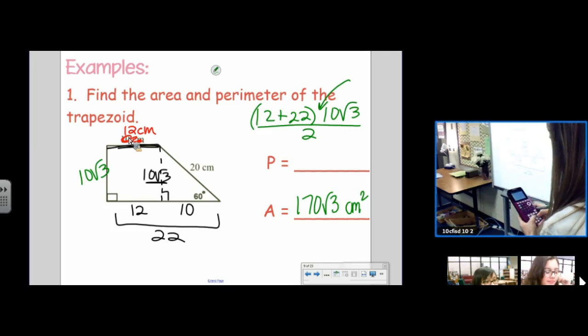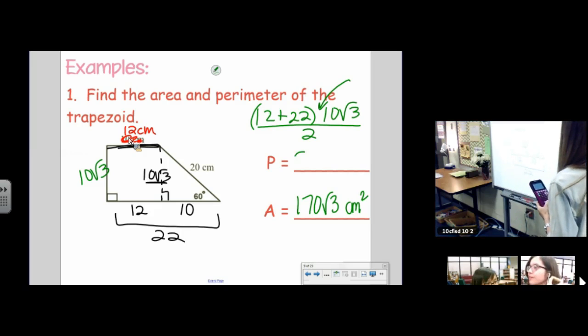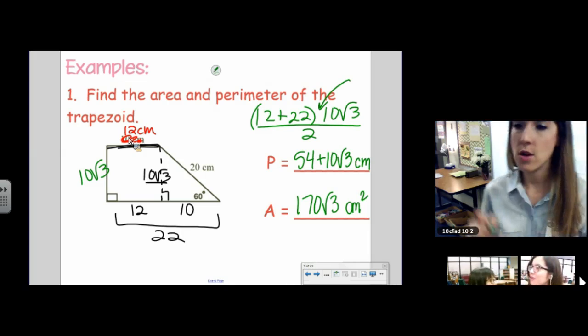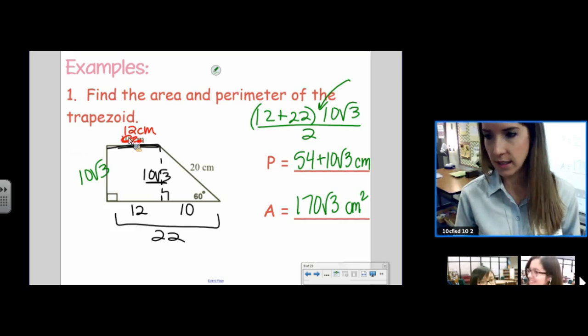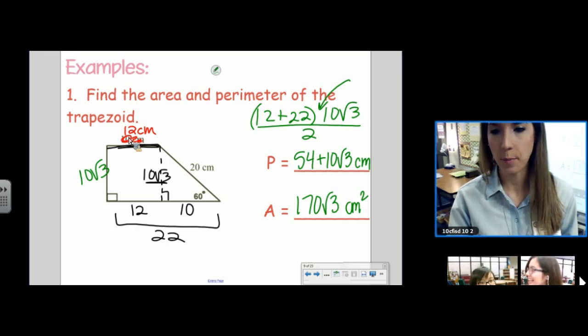So we are doing 22 plus 12 plus 20, 54 plus 10 root 3 centimeters. No, you don't combine those. No, it's not 64 root 3. Yes, you keep them separate.